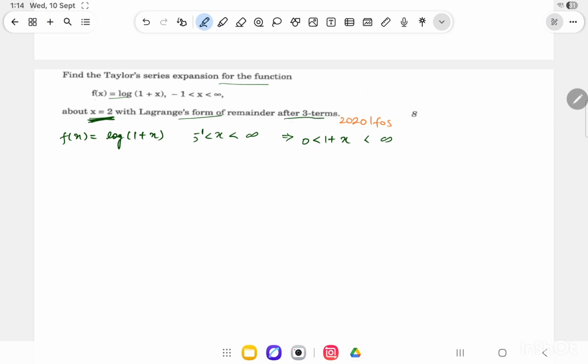So we have already seen this expansion of f(x), that is log(1 + x), in the first question.